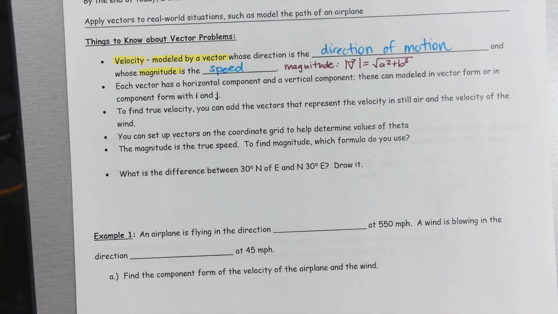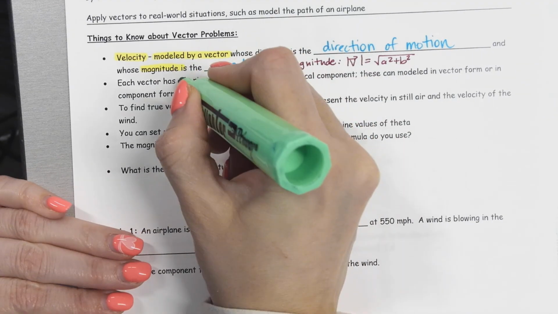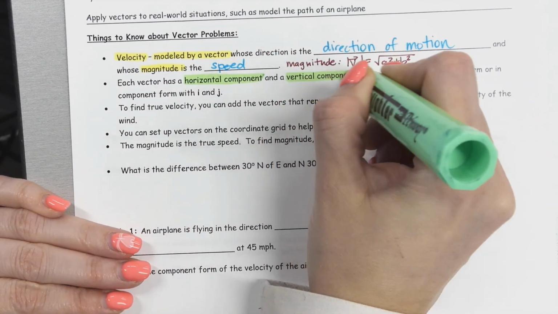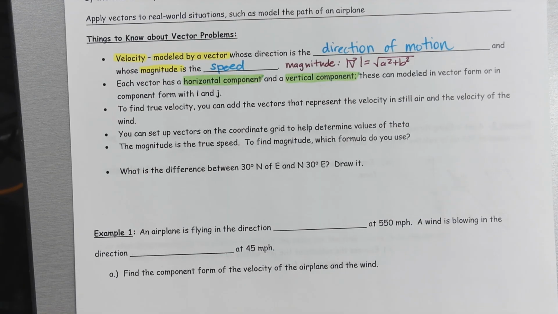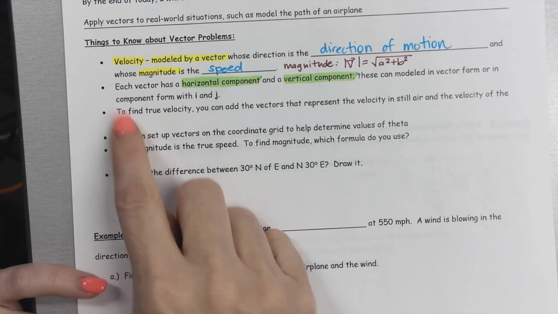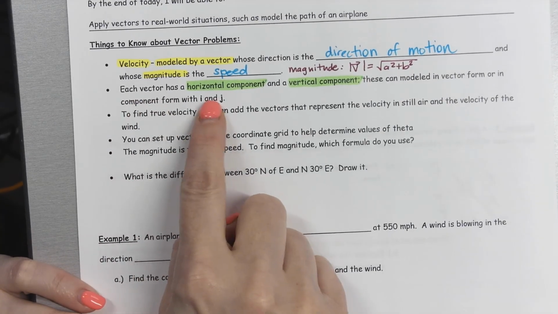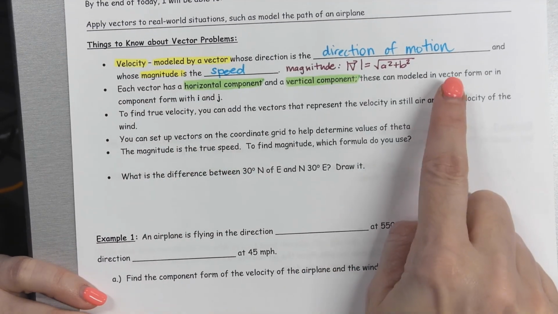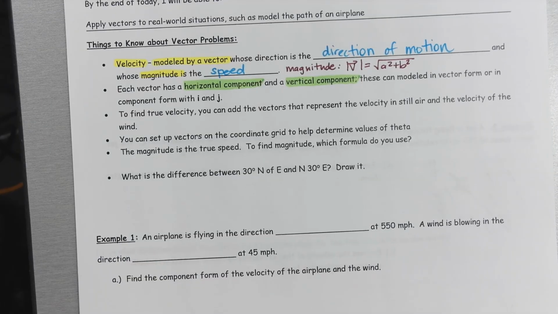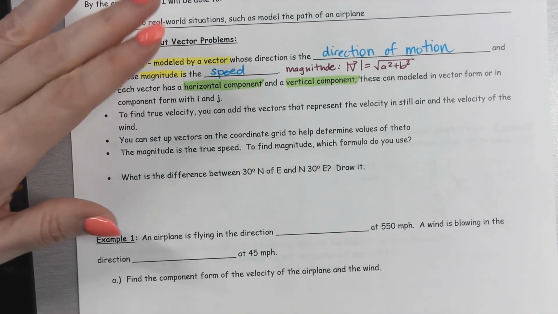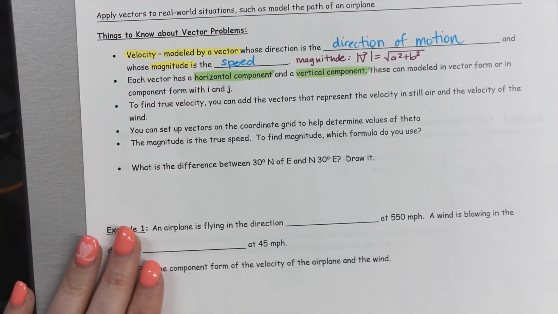Okay, each vector has a horizontal component and a vertical component. And then those can be modeled in vector form or in component form with i and j. Sometimes your book calls this component form, and sometimes they call vector form component form, which I know is a little bit confusing and something that we will practice together.